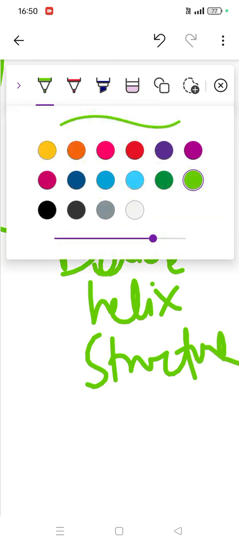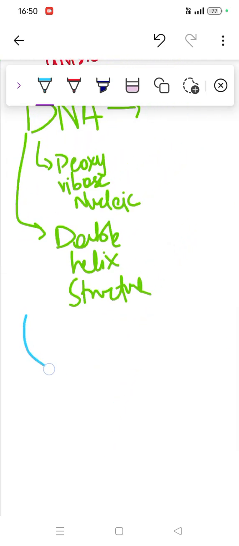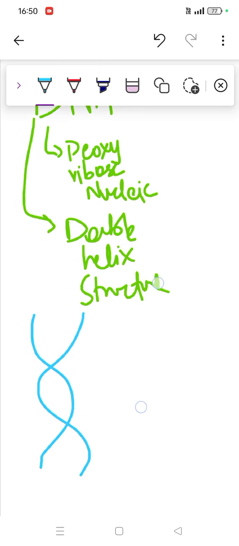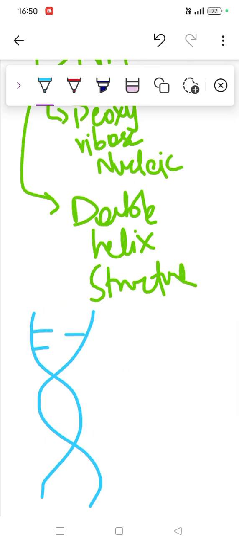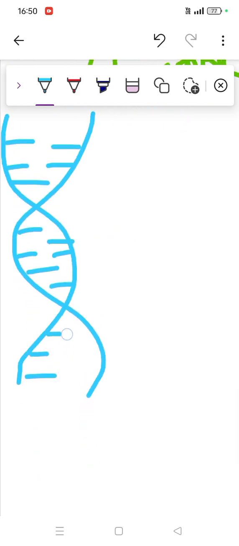If I make out the structure, it simply looks like this. Here they have nitrogenous bases, which differ from RNA in one exception.